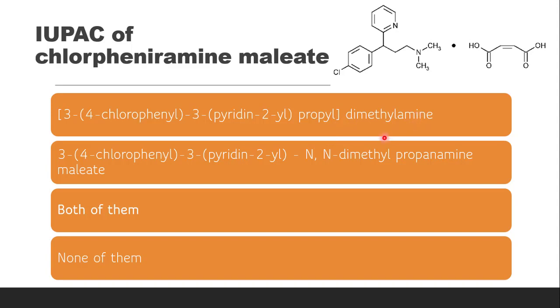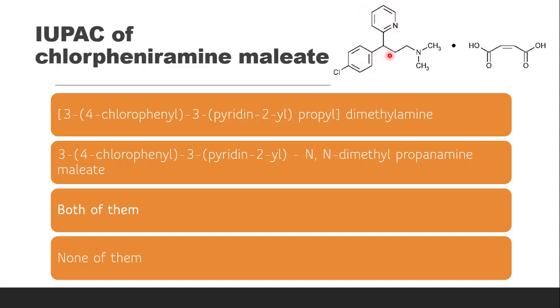It can be named according to the alkylamine suffix, and it can be named according to the propylamine, that is propanamine. Now at the third position, 1, 2, 3, first carbon, second carbon, third carbon of propyl, at the third carbon there is a chlorophenyl ring and a pyridine ring.